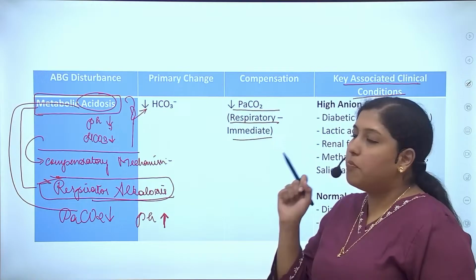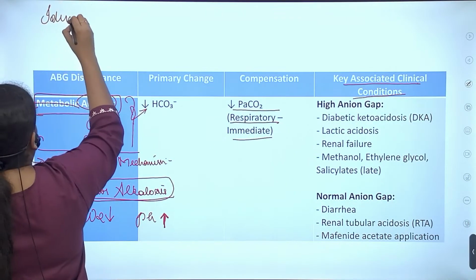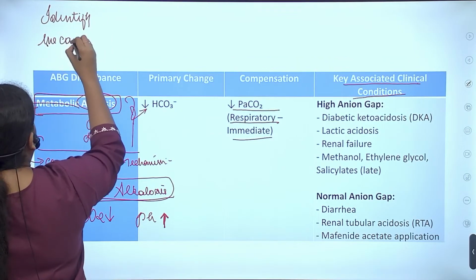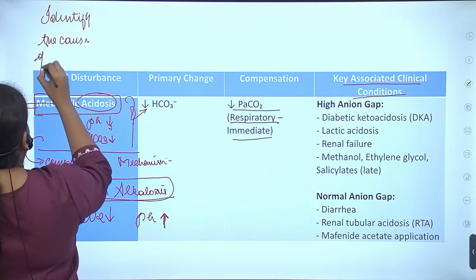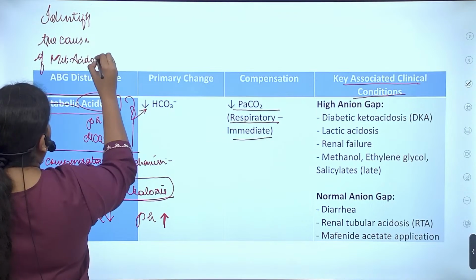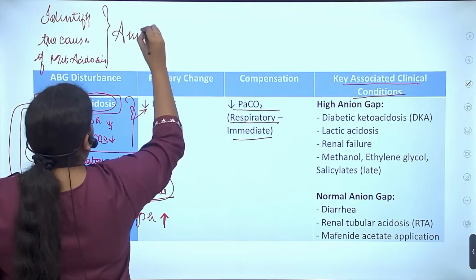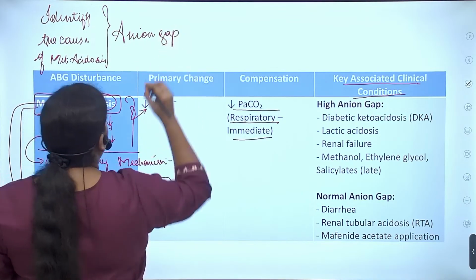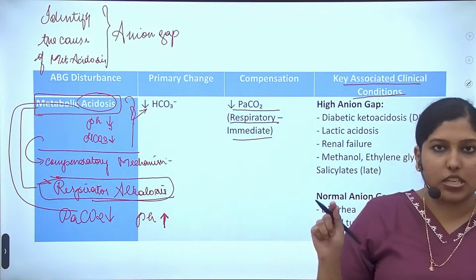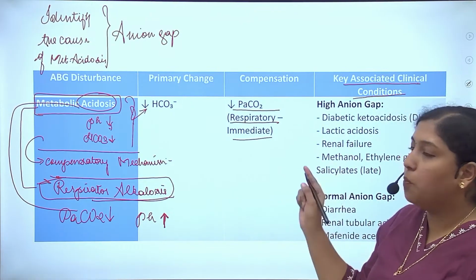In other conditions, we are not using anion gap, but only in metabolic acidosis, in order to identify the exact cause, we are using anion gap. That is very, very important to be remembered.